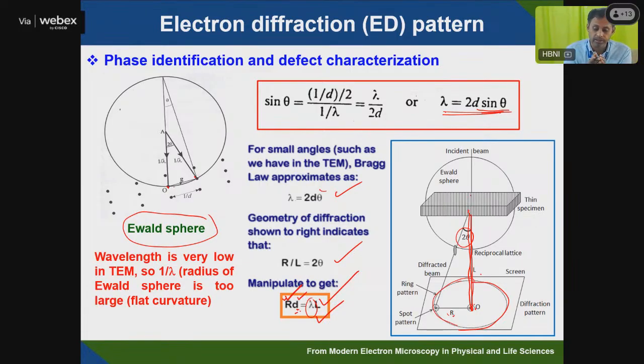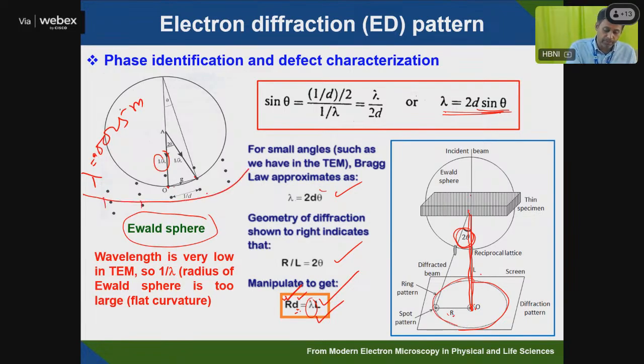But in the case of TEM, theta is very small, and lambda is also too small. Because of that, your 1 by lambda, with lambda equal to 0.0025 nanometer in the case of this TEM, will be very large, and because of that your Ewald sphere almost looks flat.